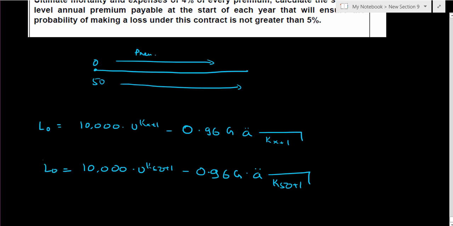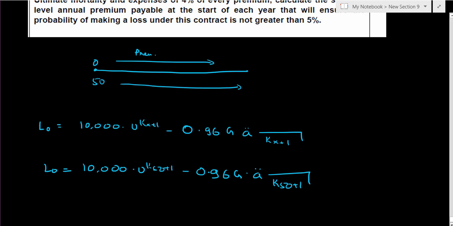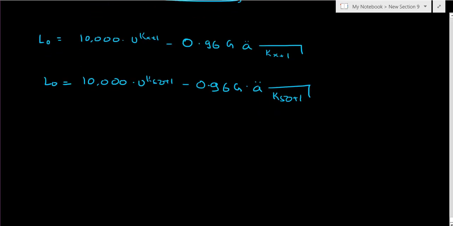What we need is the amount of G from this equation, such that we find a value for G, such that the probability of loss, that is, the probability that L0 is positive, is less than or equal to 0.05. If this is positive, then only there will be a loss.